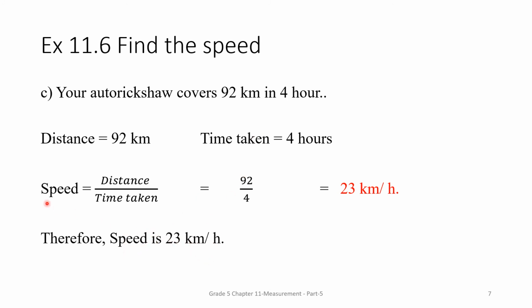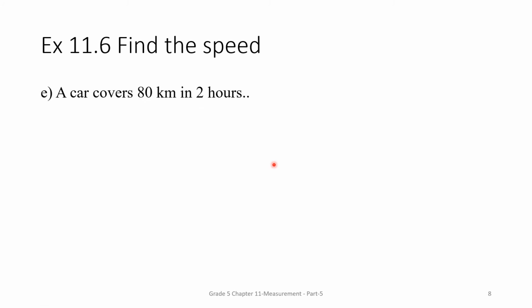Now scholars, the last sum of this exercise I will solve, that is sum number E, and the rest of the sums you will do by yourself. In sum number E, we have a car that covers 80 kilometers in 2 hours. So the car is covering a distance of 80 kilometers in how many hours? In 2 hours. Again, distance is given and time taken is given. So distance is 80 kilometers and time is 2 hours. We have to find speed. So what is the formula for finding speed?